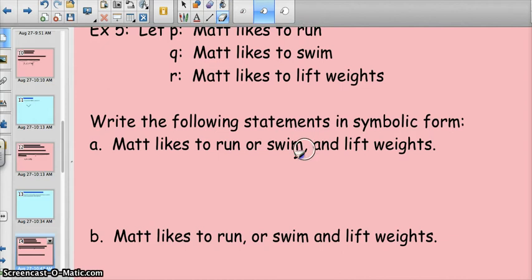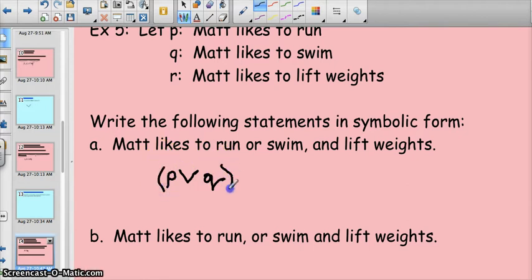So when we write it out, we're just going to write it out just like normal, okay? But we're going to insert parentheses around the compound side. So it says Matt likes to run or swim. Well, P is that Matt likes to run, or, well, that's the disjunction. Matt likes to swim is Q. And we will insert parentheses around those because that's the compound side on that side of the comma.